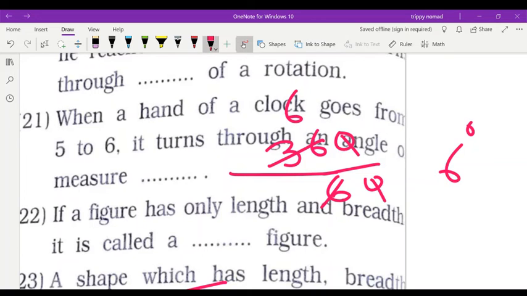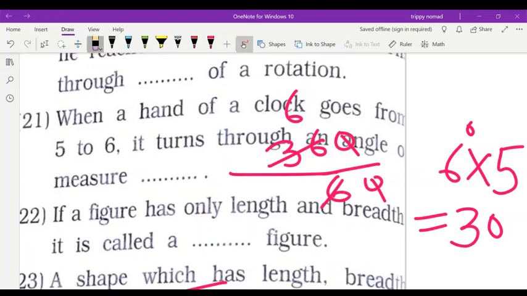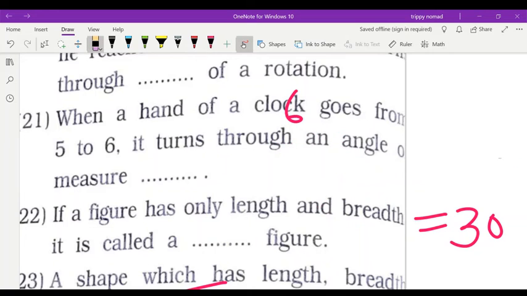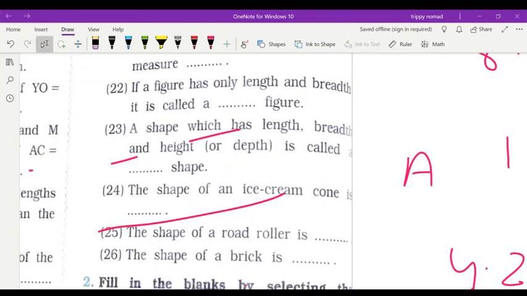Angle moved by a hand of a clock is 6 degree in 1 minute. But from 5 to 6 there are 5 minutes. So you have to multiply 6 degree into 5. So the answer you will get is 30 degree. In 5 minutes, how much degree will be moved by a hand of a clock? That is 30 degrees. I hope you understood how I got the answer.